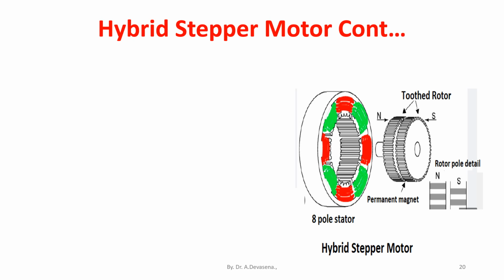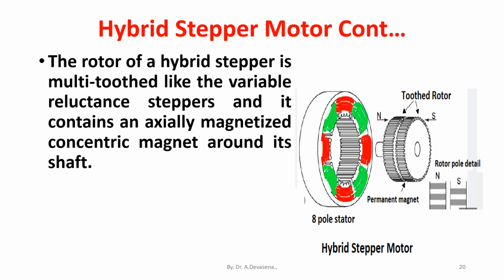The rotor of a hybrid stepper is multi-toothed like the variable reluctance steppers, and it contains an axially magnetized concentric magnet around its shaft. The teeth on the rotor provide an even better path which helps guide the magnetic flux to preferred locations in the air gap.